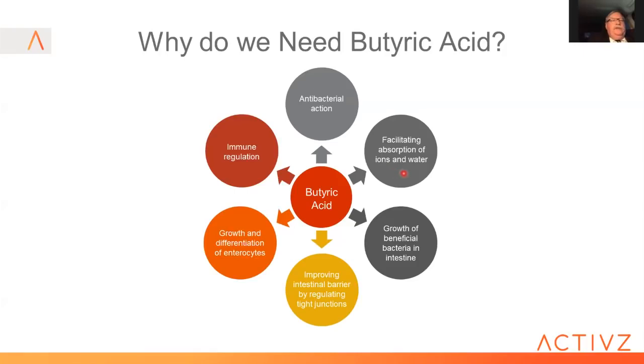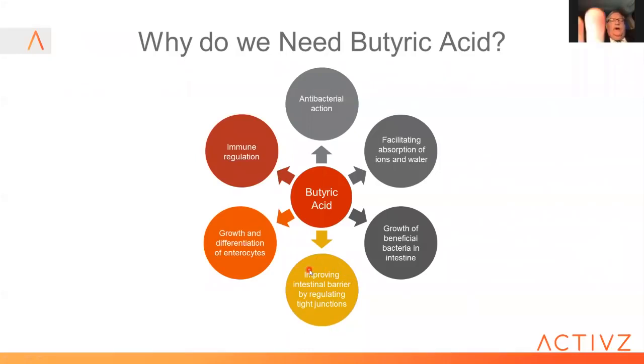It's facilitating the absorption of the ions in water that we are drinking. It can provide the growth of the beneficial bacteria within the intestine. It is improving the intestinal barrier by regulating tight junctions.